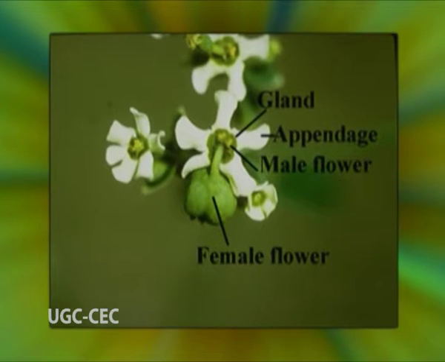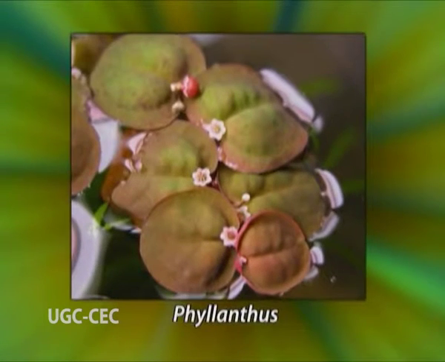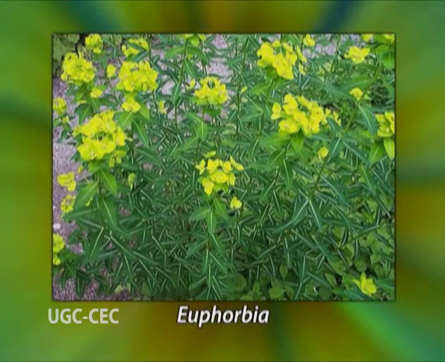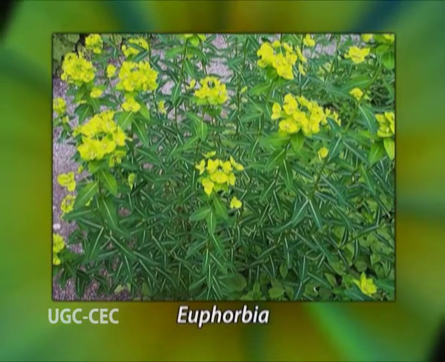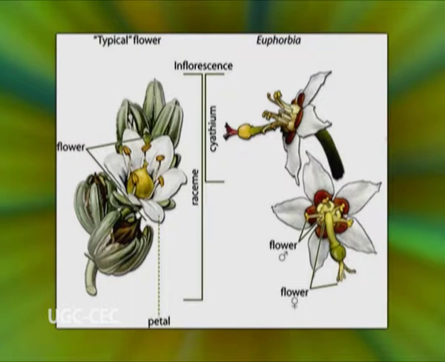In Euphorbia, the male flower is reduced to a single stamen and female flower to a single pistil. Perianth is biseriate, example Phyllanthus, uniseriate or absent, example Euphorbia, generally pentamerous. The male and female flowers of Euphorbia are generally devoid of perianth, that is aphyllous.